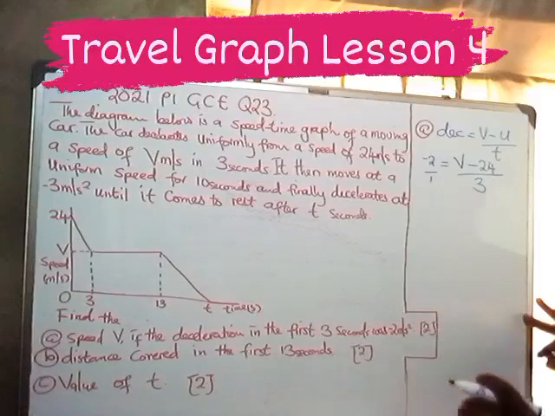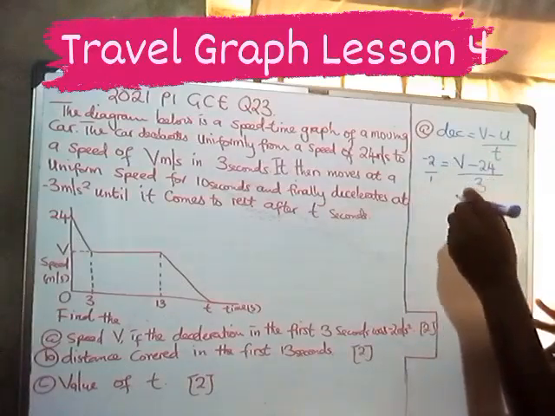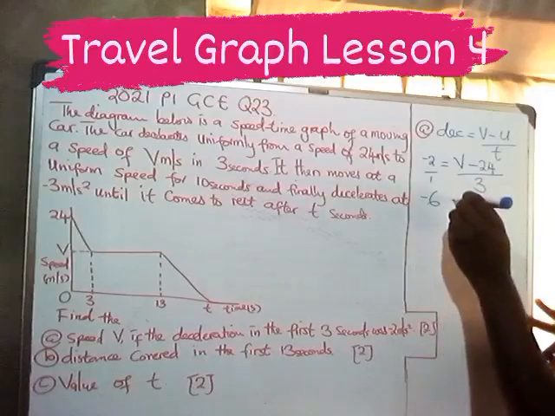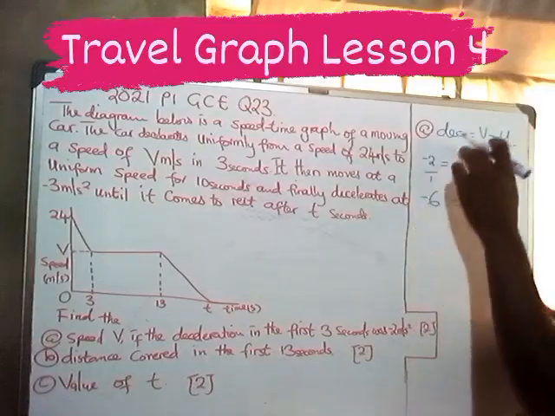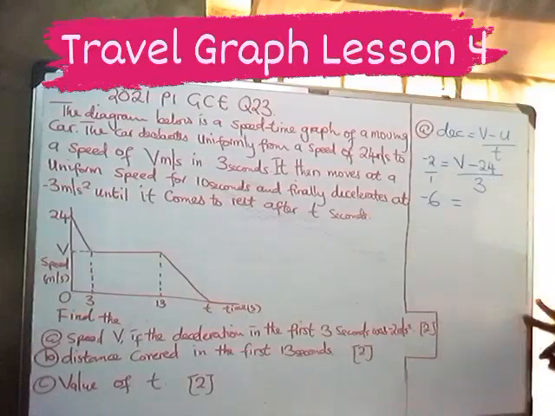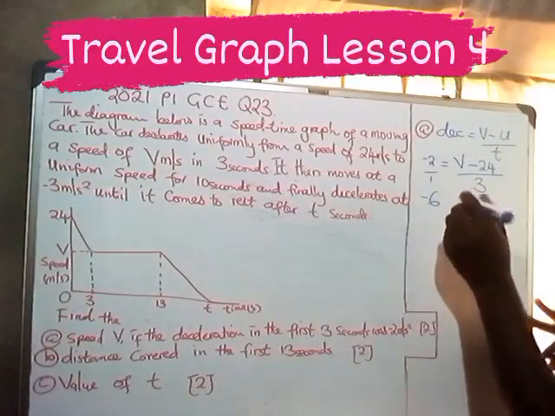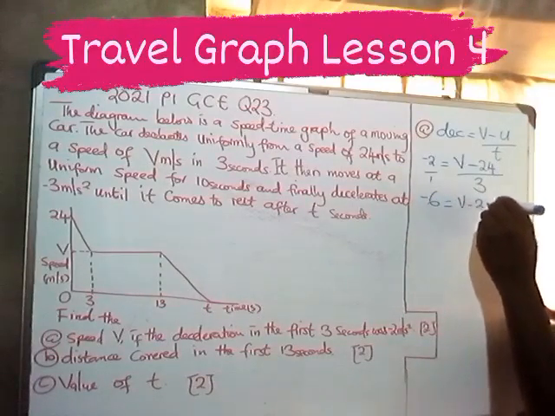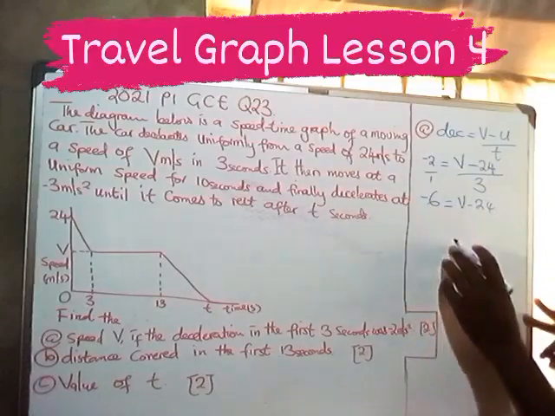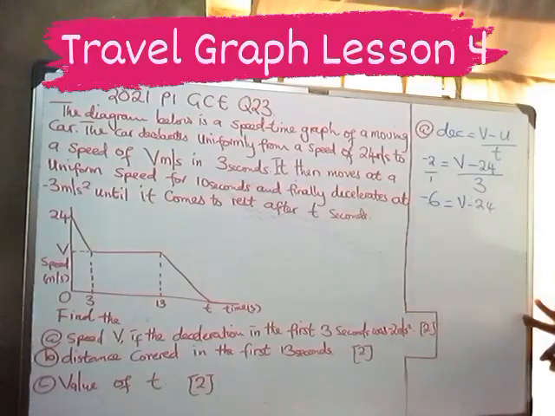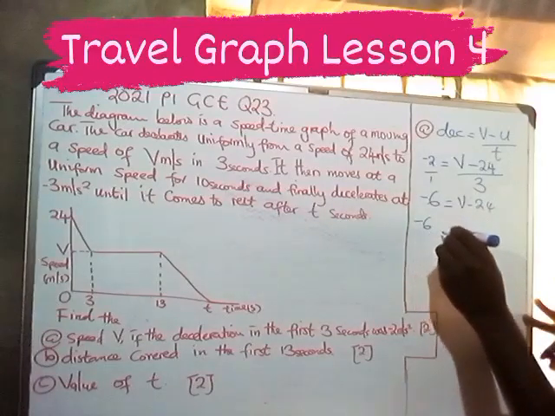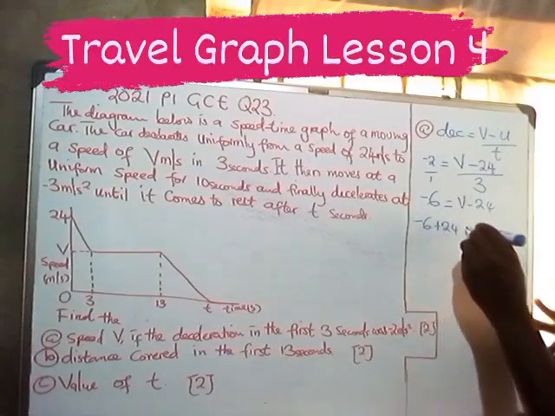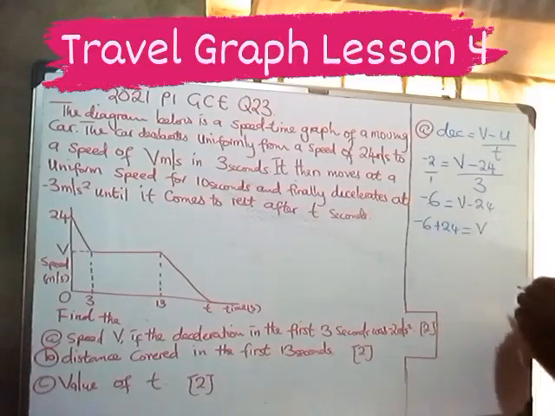So we say -2 multiplied by 3, we are going to have -6, which is equal to 1 multiplied by v minus 24. Anything multiplied by 1 is the same thing itself, so we have v minus 24. Now group like terms together by making v the subject: -6 plus 24 is equal to v.